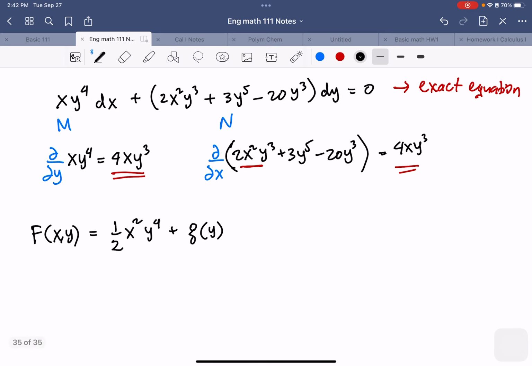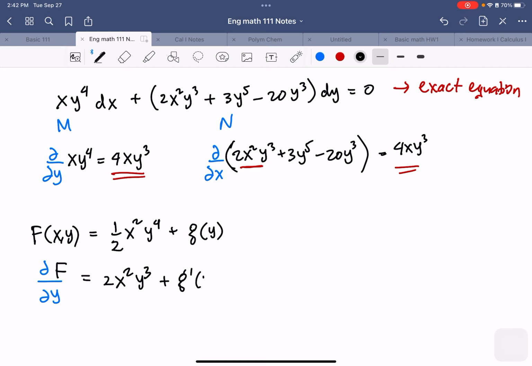And then similarly, we are going to derive this f with respect to y. So we have 2x squared y cubed plus g prime of y.